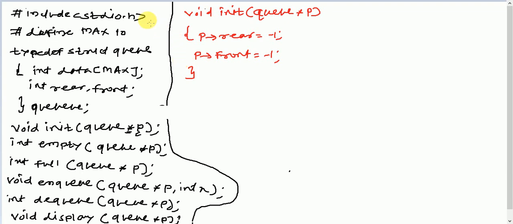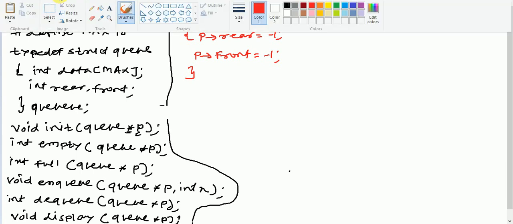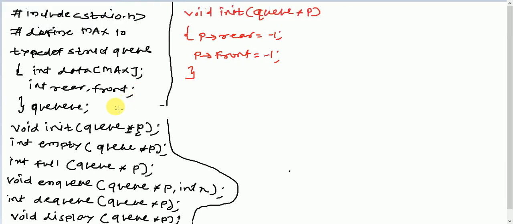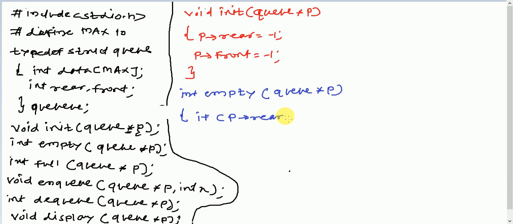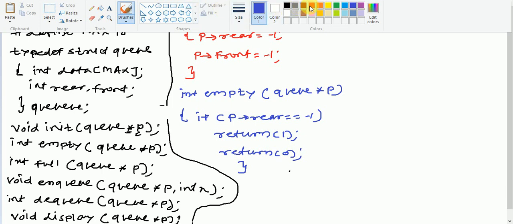Now if I want to check whether Q is empty or not, it is returning some integer value, so we'll write int empty function, and we are passing the Q. If P of rear is -1, that means Q is empty, so we return 1, else we will return 0. This is a function for checking whether Q is empty or not.